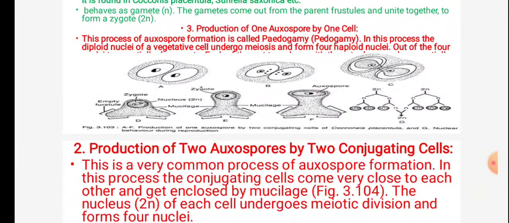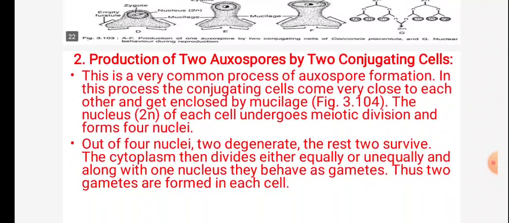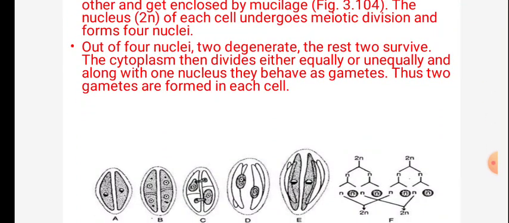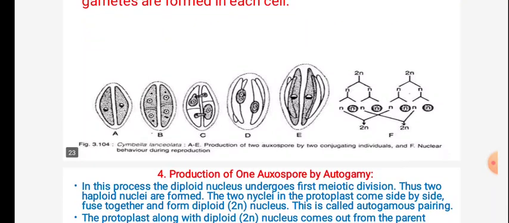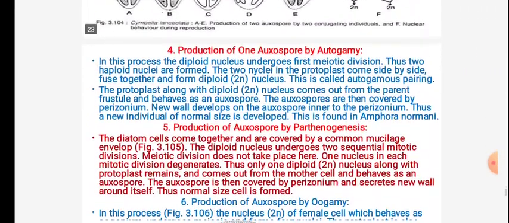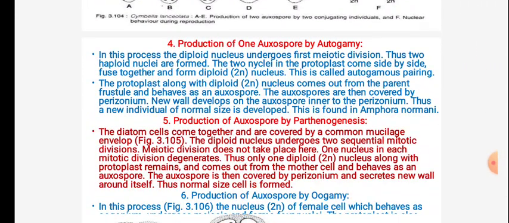Then production of two auxospores by conjugating cells. Here, one cell of the genus Cymbella lanceolata produces two auxospores. Then production of one auxospore by autogamy, and production of auxospore by parthenogenesis.